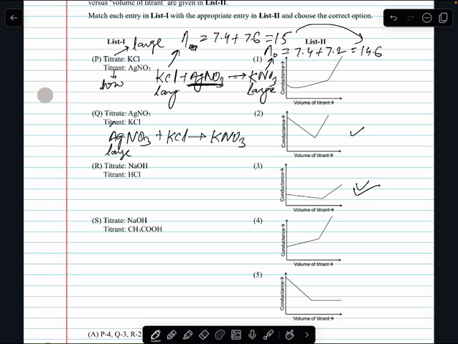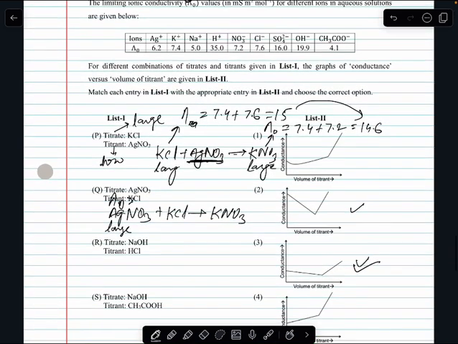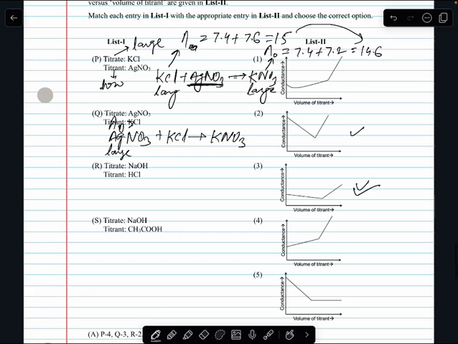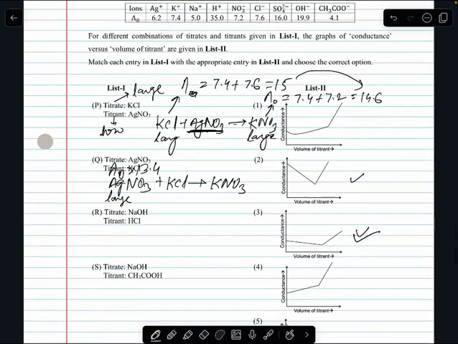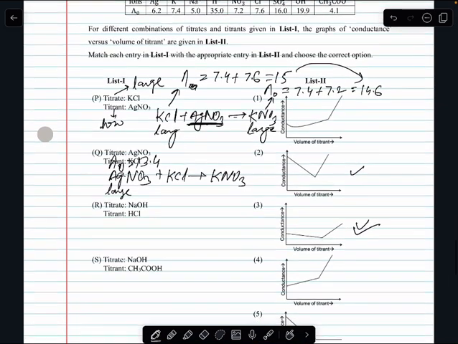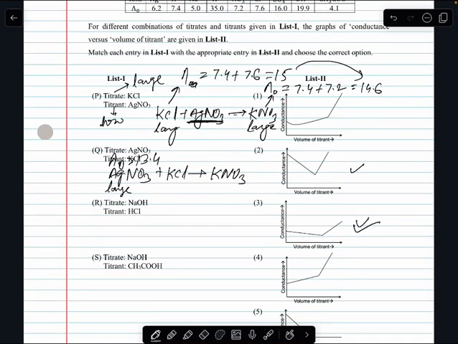Now lambda naught value for AgNO3: for Ag it is 6.2 and NO3 it is 7.2, so 6.2 plus 7.2 is 13.4. And for KNO3 we have calculated just now that lambda naught is 14.6. So certainly there will be an increase in the conductivity.